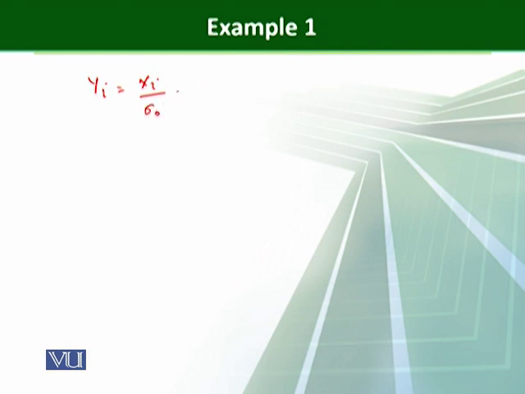This is also normal with mean 0 and variance 1, as the yi's are independent.